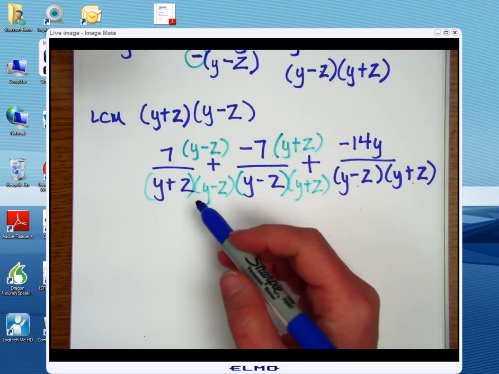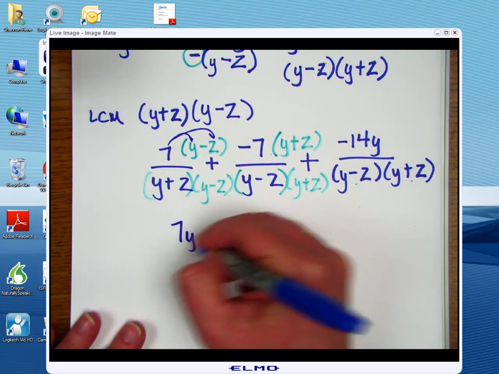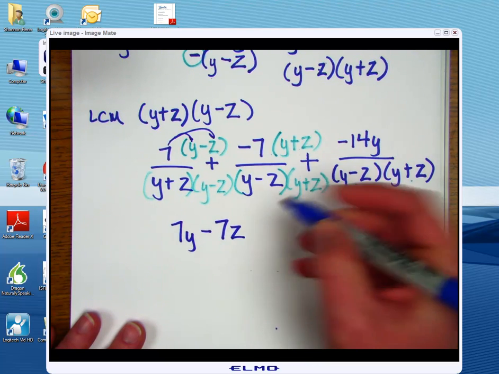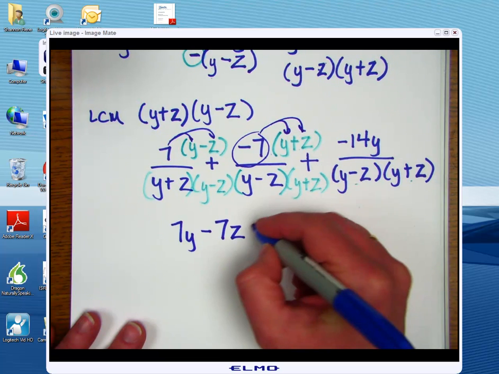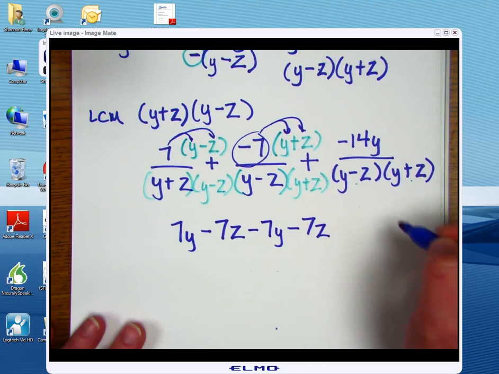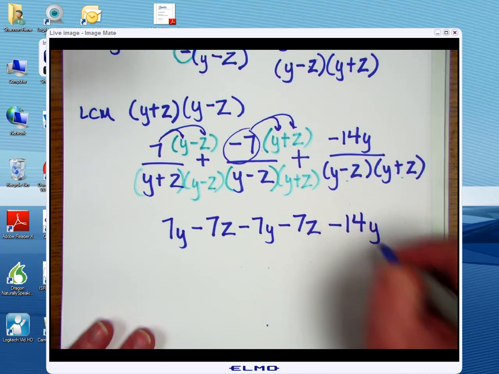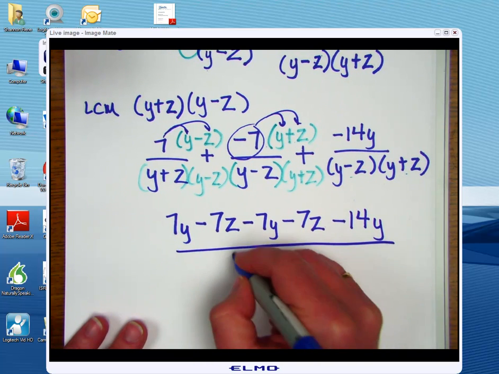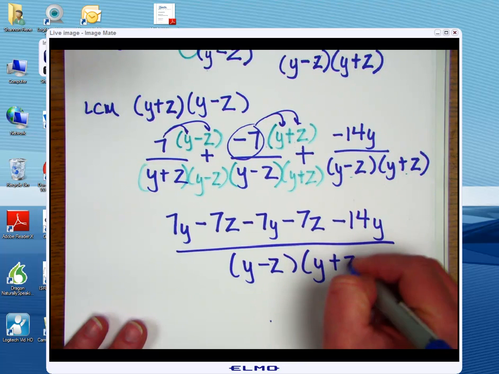So this term I'm going to go ahead and distribute through the 7. I'm left with 7y minus 7z. On this term I'm going to distribute through the negative 7, minus 7y minus 7z. Okay, and then I'm left with minus 14y, all over my y minus z, y plus z.